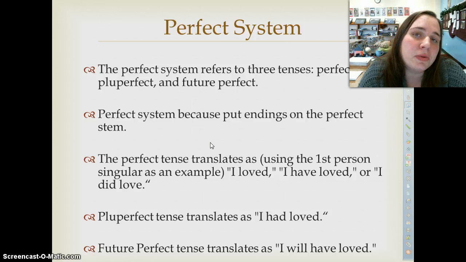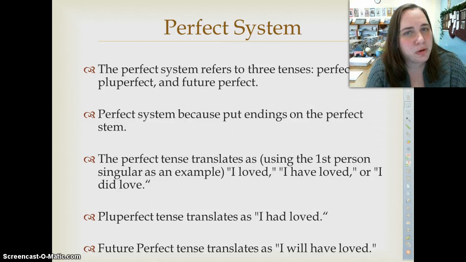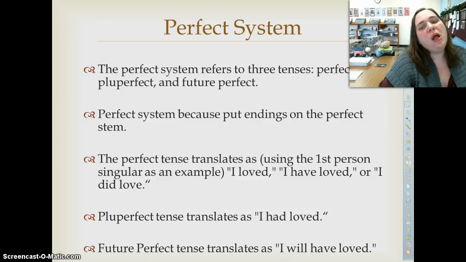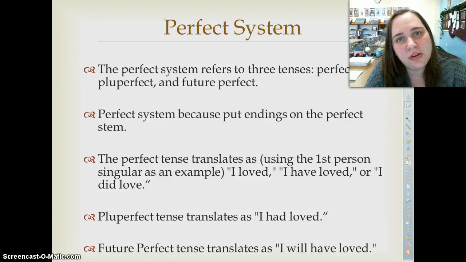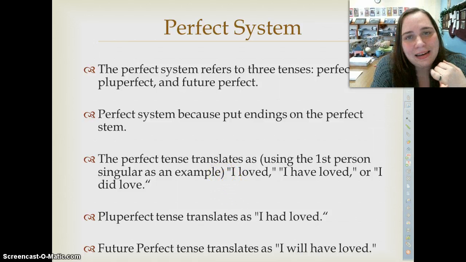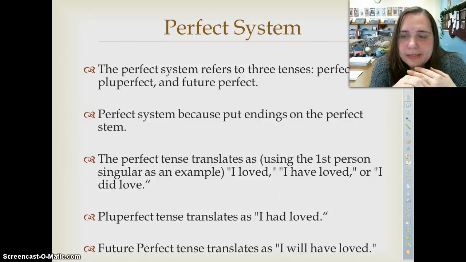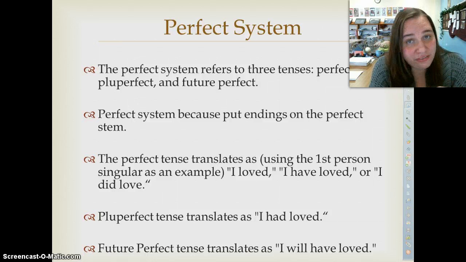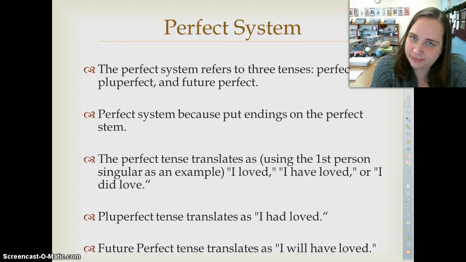I'm going to use the verb to love as my example, and I'm going to just put them in the first person singular. So the perfect tense, which tells you completed past action, translates either as I loved, so a simple past, I have loved, or I did love, which I have to say very often is used for questions.